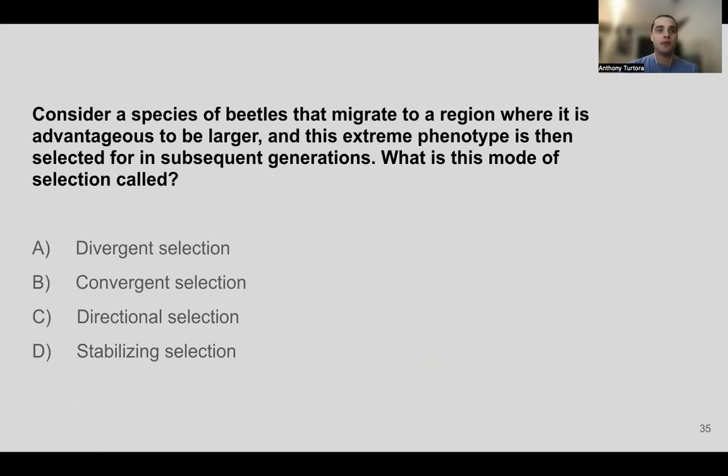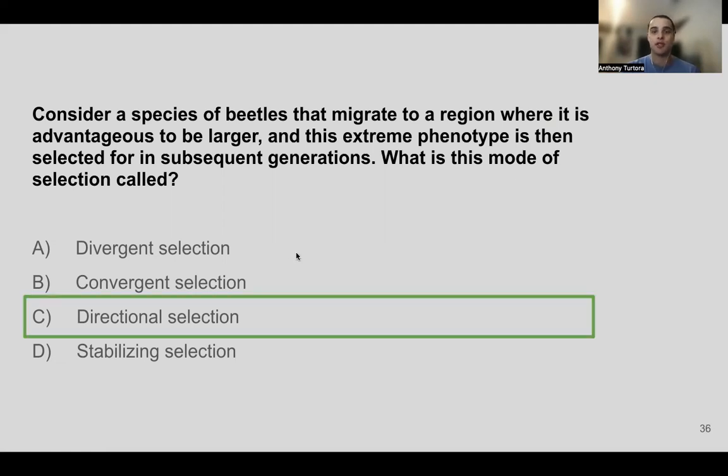All right. So our question here: consider a species of beetles that migrate to a region where it is advantageous to be larger, and this extreme phenotype is then selected for in subsequent generations. What is this mode of selection called? All right. So evaluating each answer choice here, I can determine that my answer is going to be C, directional selection.